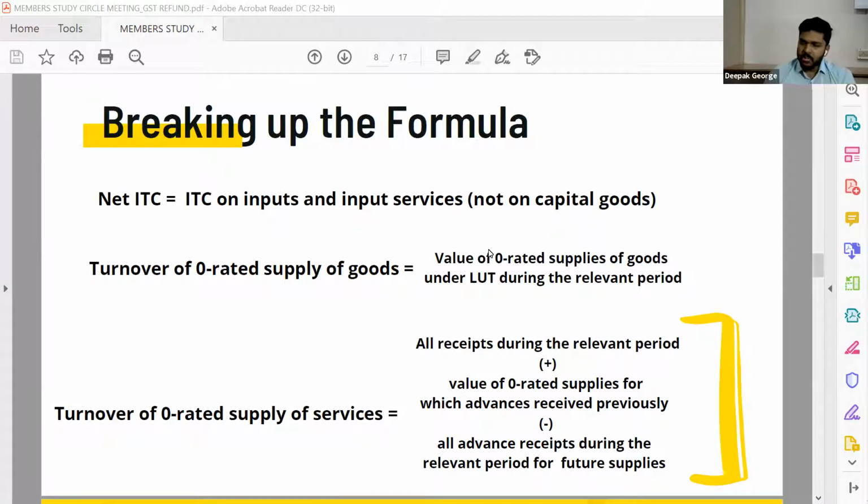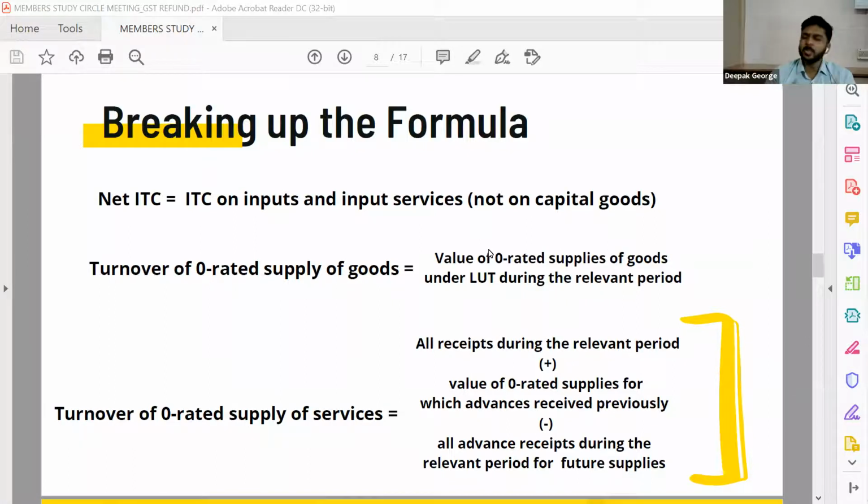You may have exported services outside India in the last year. You may have, or you will export services outside India in the next year. Irrespective of when the supply is, whatever is the proceeds that you receive into your bank account in India, that you add first. To that, you basically add the value of supplies.